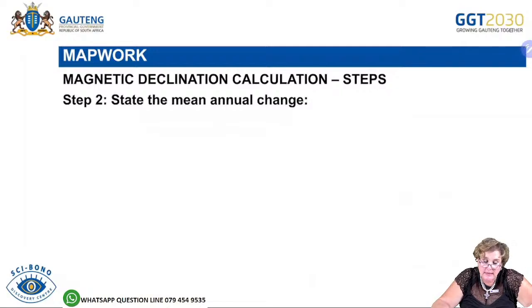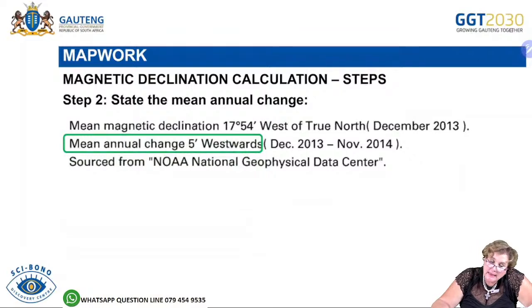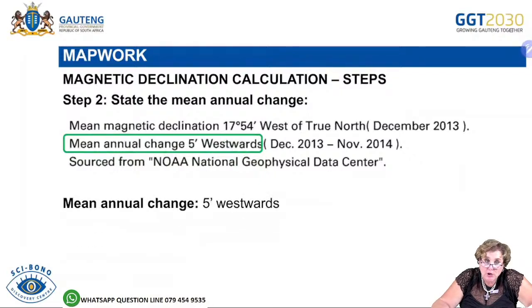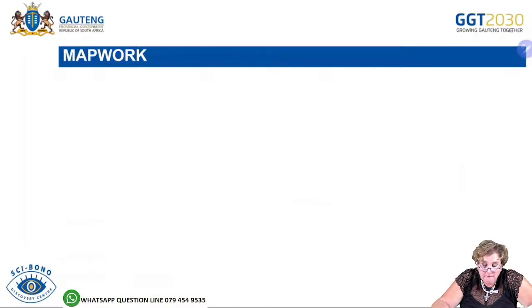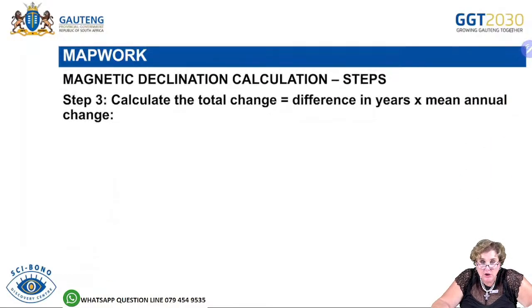Step 2, state the mean annual change. Now that's your information. That is the mean annual change. This step is given to you. So the mean annual change is 5 minutes west. So now I need to calculate the total change.